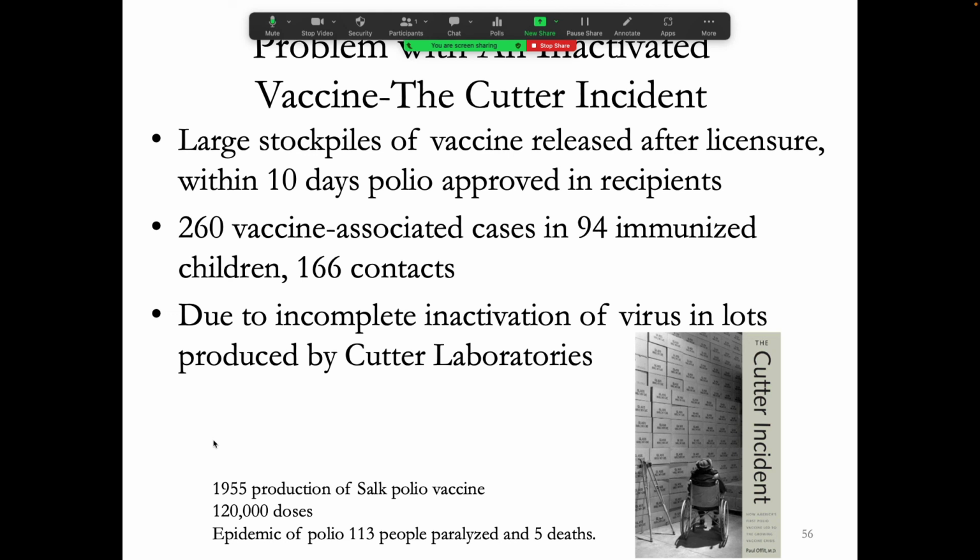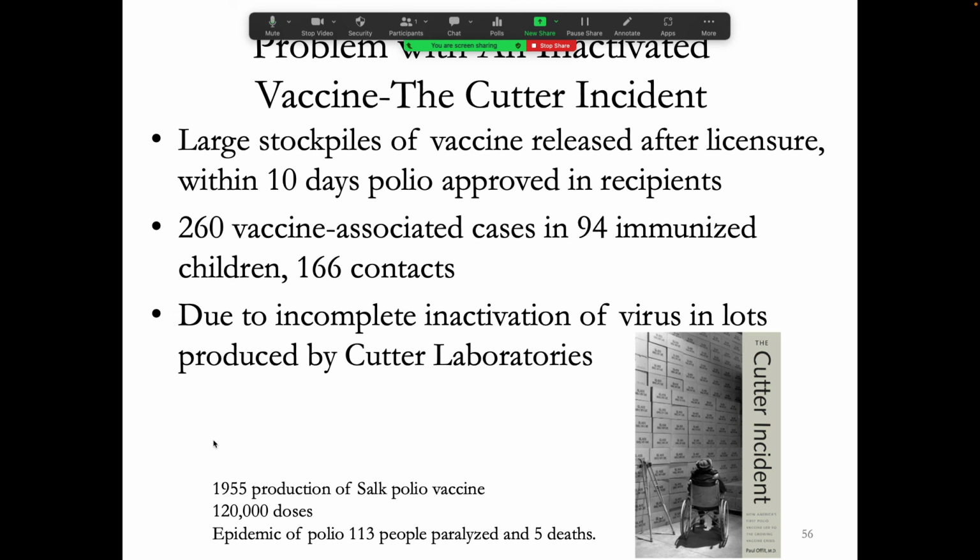The thing that went wrong here is that when they did a filtration step to get rid of the uninactivated virus, they used the wrong pore size filter. They just picked the wrong one off the shelf, and as a result, 113 people were paralyzed and 5 people died. So hopefully you understand the importance of paying attention to some of these things in the lab.